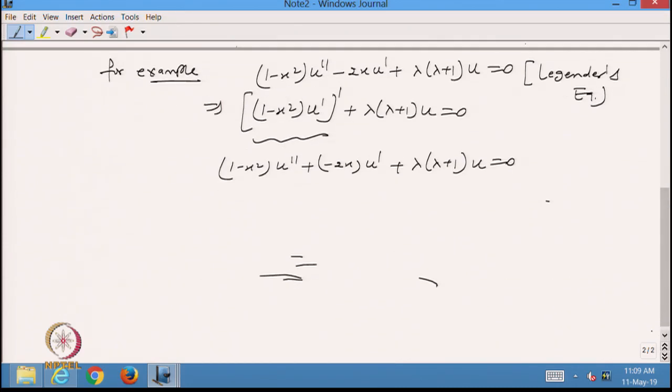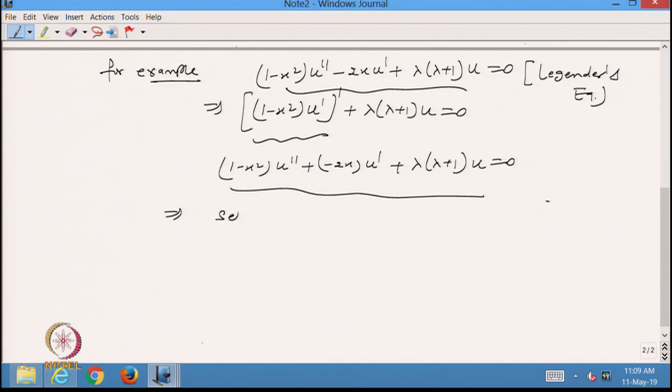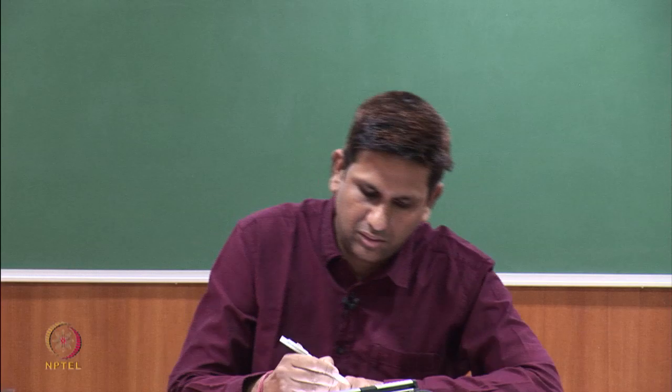So we can write that this is the same as the original equation. If I find the corresponding adjoint operator, we will find that this is the self-adjoint operator. We can check that if I find L star, it will be the same as L.